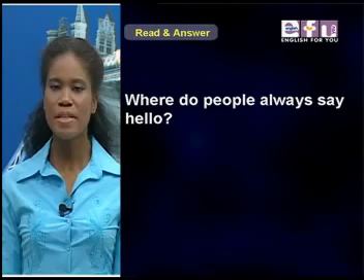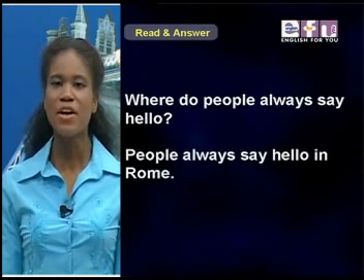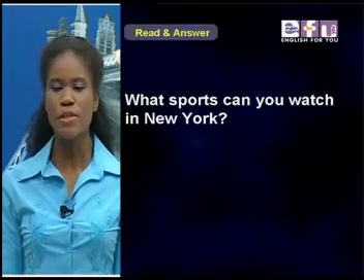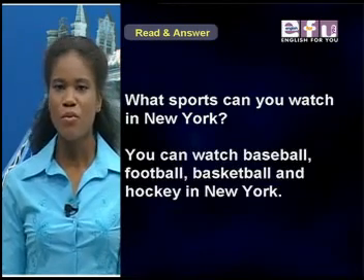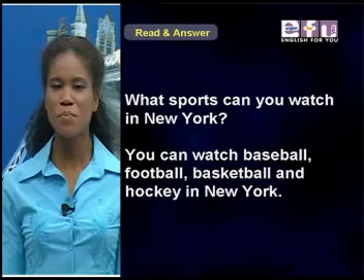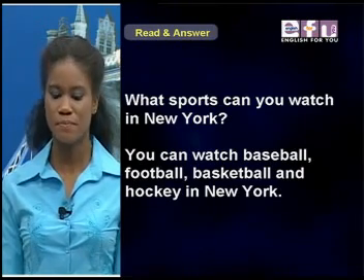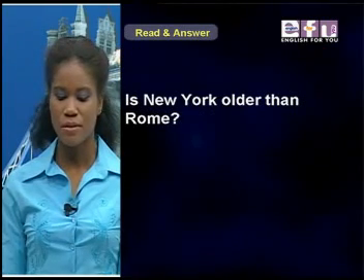Where do people always say hello? People always say hello in Rome. What sports can you watch in New York? You can watch baseball, football, basketball, and hockey in New York. Is New York older than Rome?